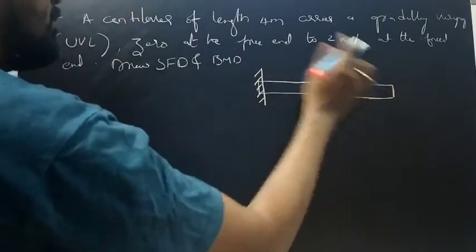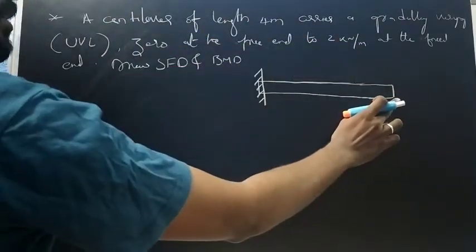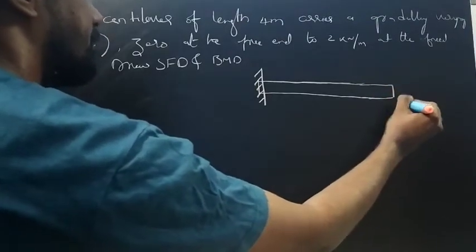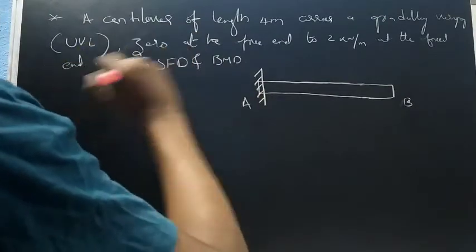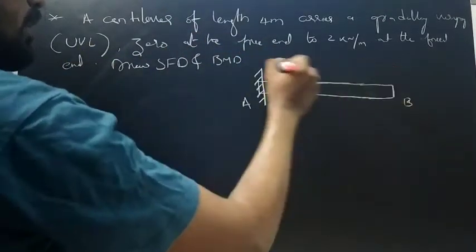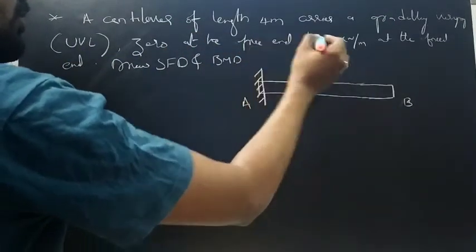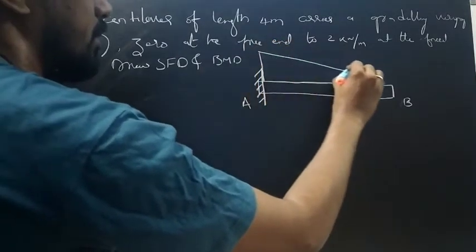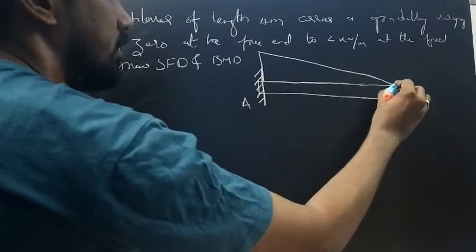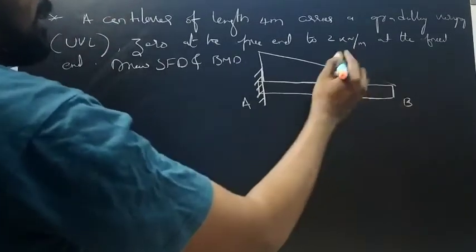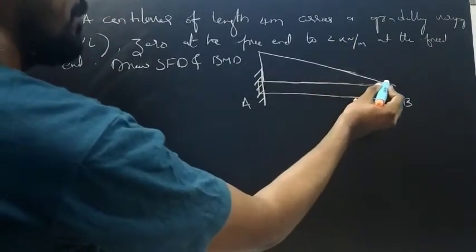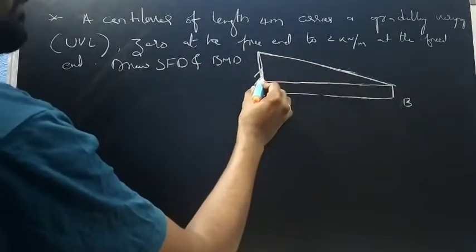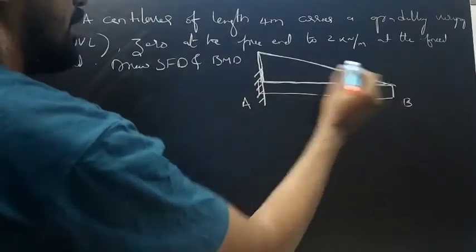A cantilever beam, so 0 at the free end, let's say B and A. Okay, so here it is 0 and here it is 2 kilonewton. That means here it is maximum and here it is almost or exactly 0. So it will be like this. So gradually varying load, okay, like a triangle.